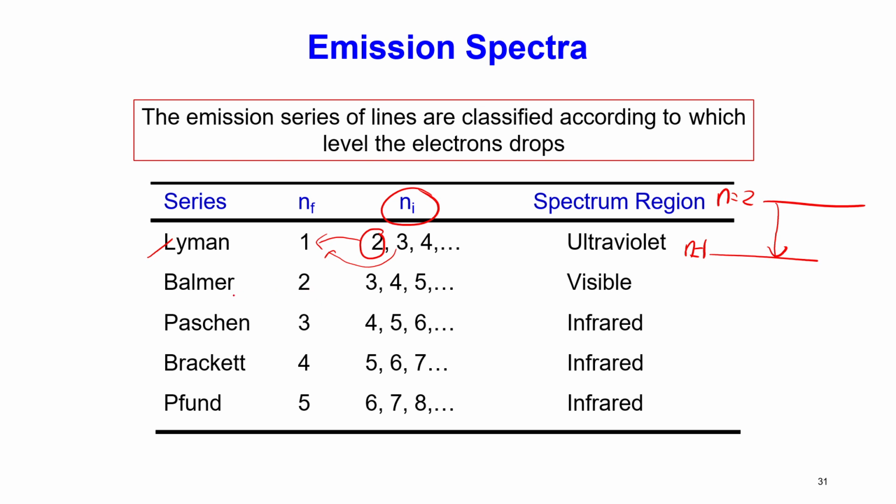For example, for Balmer, all the electrons drop to n equals 2. So its initial orbit must start from 3. So 3 to 2 will form the first line. The same goes for Paschen: 4 to 3 forms the first line in the Paschen series.